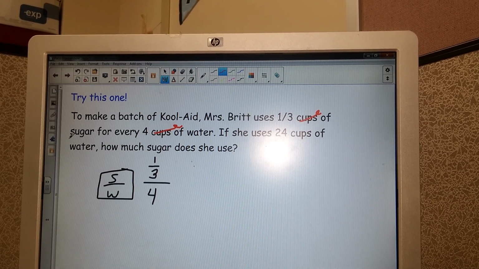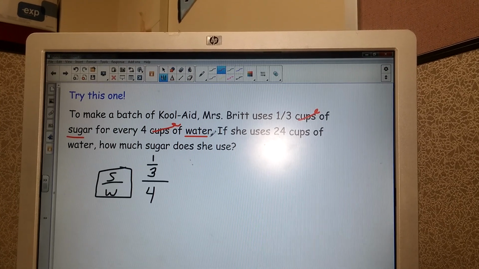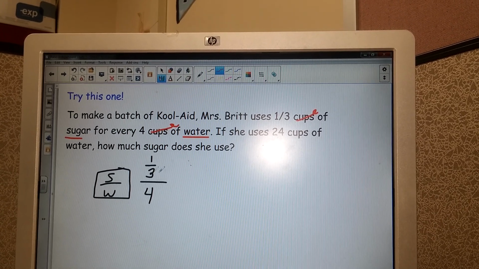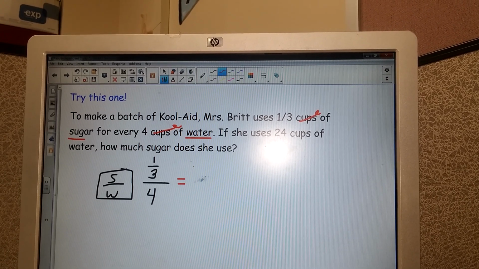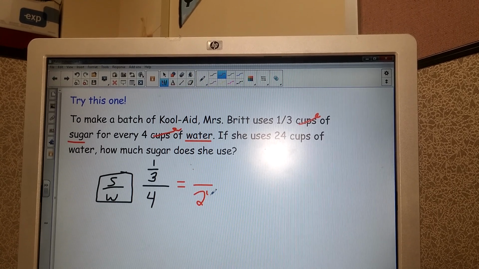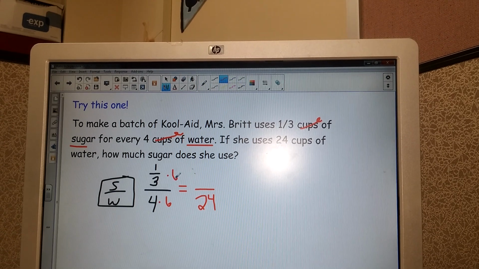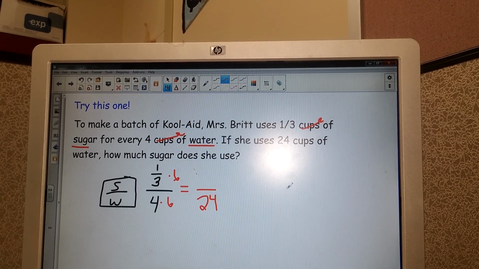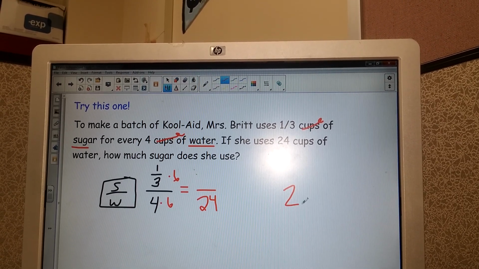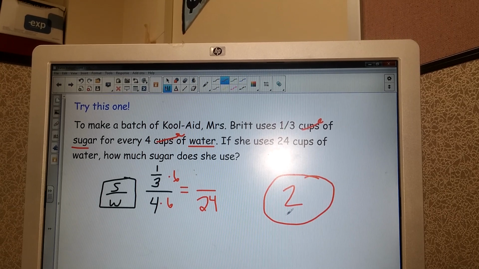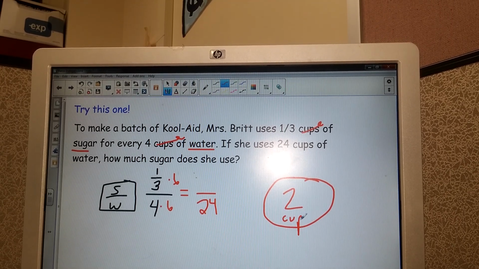What we're talking about is cups of sugar and cups of water. So that's what I use as my ticket. And it looks like she used 24 cups of water, which means she multiplied by 6 to get there. And on your calculator, you'll do 1/3 times 6, and you'll find out that means she used 2 cups of sugar for that recipe.